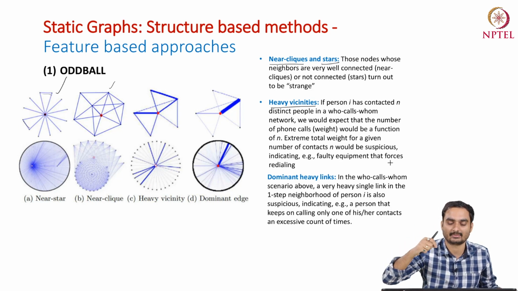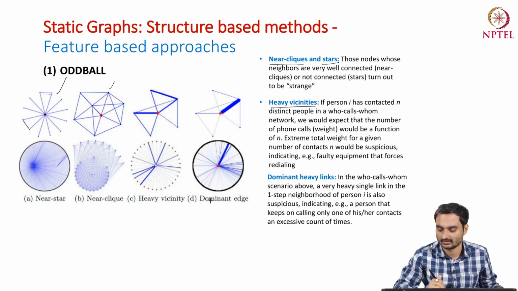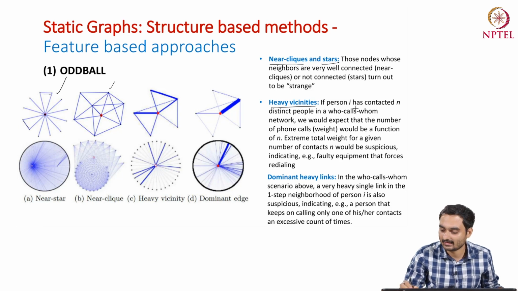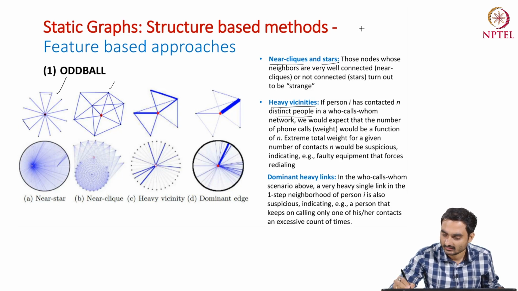There are individuals, and if somebody calls some other person, there is an edge from that person to that person, so person X to person Y. In the who-calls-whom network, if person i has contacted n distinct people, we would expect that the number of phone calls, which is essentially the weights, think about it, say this is the ego and these are the alters, peripheral nodes, and this guy is calling these guys.